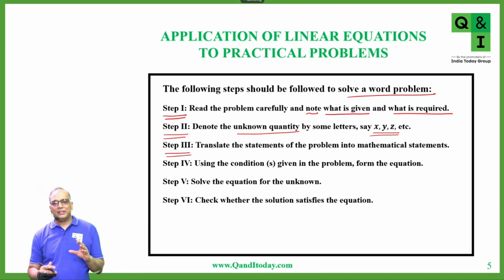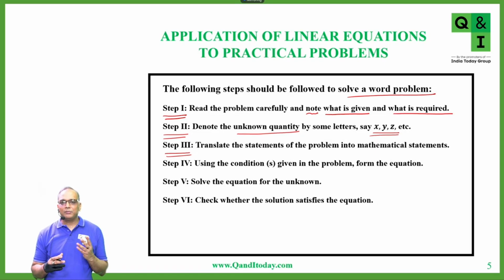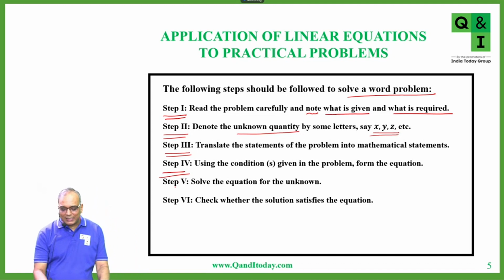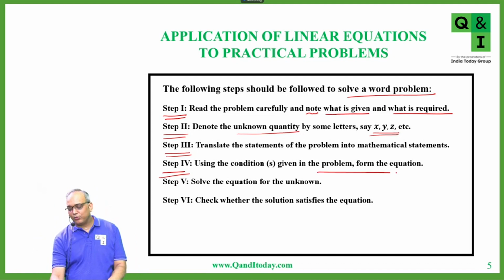The question would be a kind of word problem which is related to day-to-day life. You will have to convert that into a mathematical equation, a mathematical statement, right? Then the fourth step is to use the conditions given in the problem to form the equation.